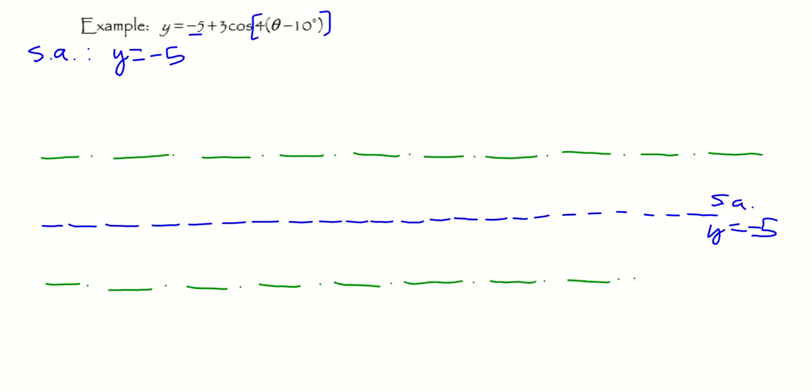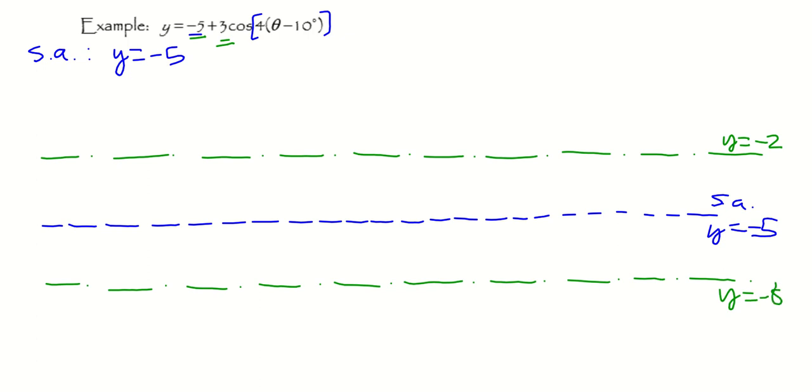So I'm creating something like the writing paper you used back in elementary school to help you make letters the right size. So that upper bound was at -5 plus 3, so that was at y equals -2. And at -5 minus 3, so that was at y equals -8.